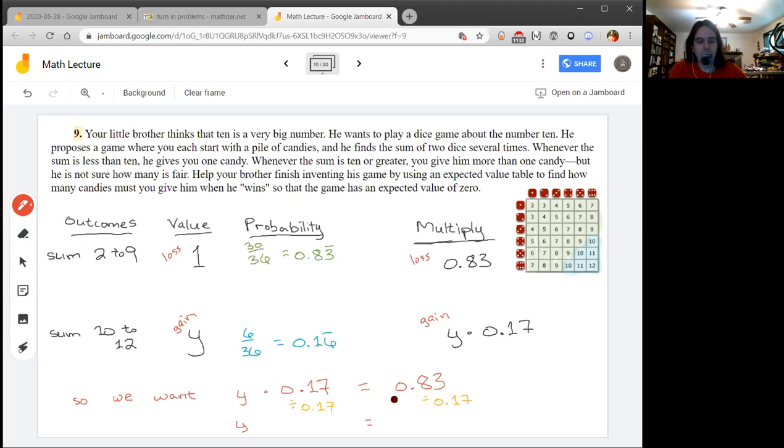And we get about 5. If we didn't round, we would get 5. So that means that it's 5 candies to be fair game.